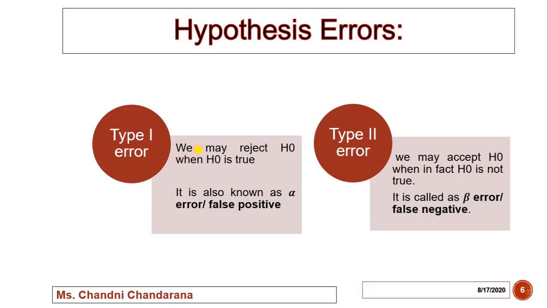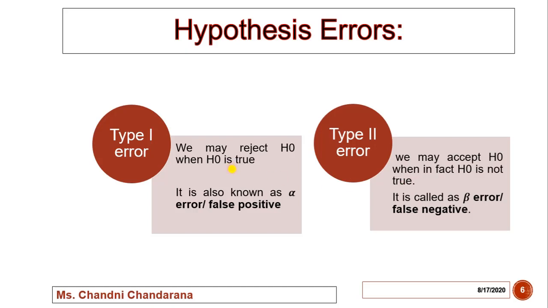Here we can say that we may reject the null hypothesis when it is true, or we may accept the null hypothesis when it is not true, right? There are two possibilities because we are making assumptions only. So what is type 1 error?